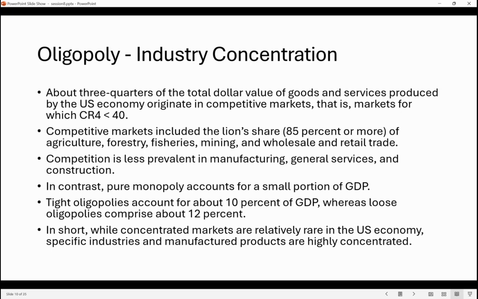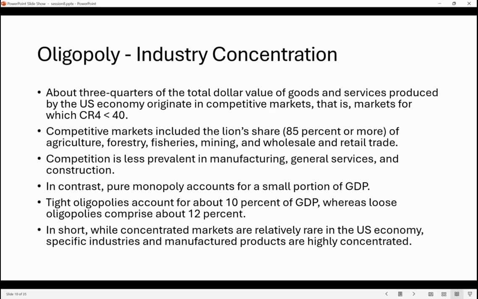How about the monopoly? About 10% of US GDP is produced by tight oligopoly, and 12% of US GDP by loose oligopoly, right?